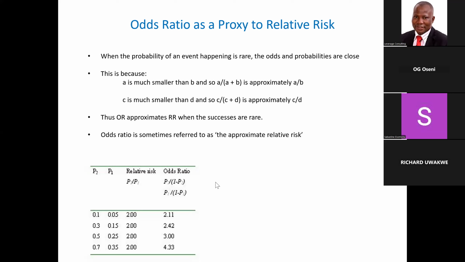What you see is that the relative risk is constant. The risk of disease increases, but the relative risk increases by the same proportion in both the exposed and not exposed.